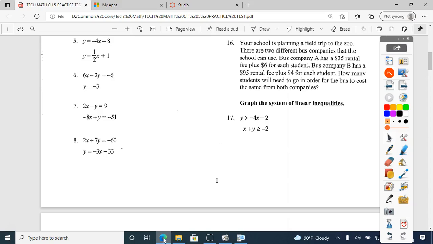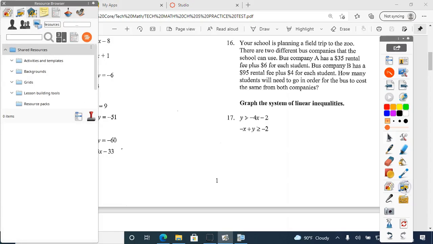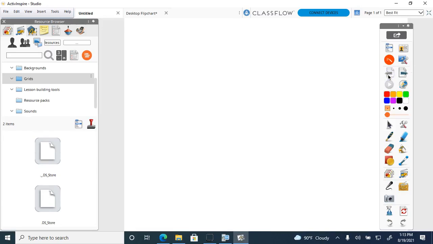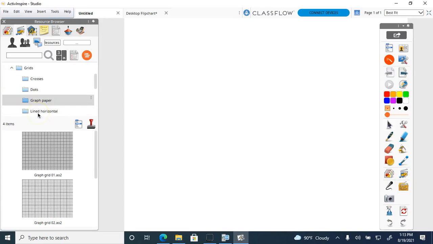Okay, 17. We're graphing. Let's see if this works. I don't know if it's going to work. It's not working. So, let me get off of that. Now, let's try this. Here we go. Graph paper.